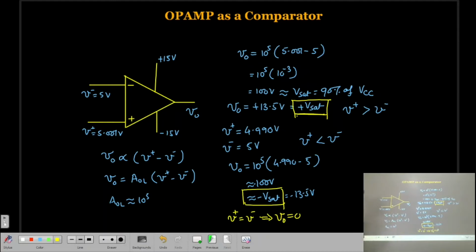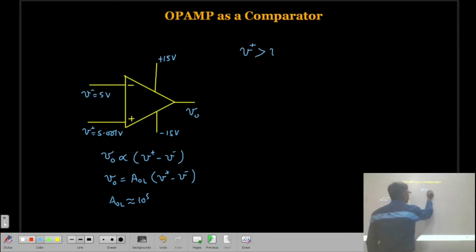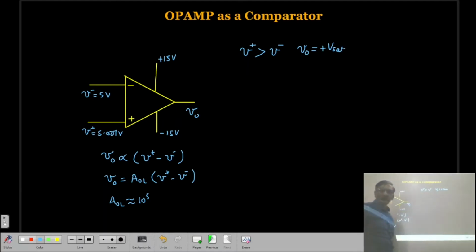So here, in short, if you want to remember this thing, you can remember it in this way: if the non-inverting input voltage is greater than the inverting input voltage, then the output voltage will be a plus V saturation, that is roughly 13.5 volt.